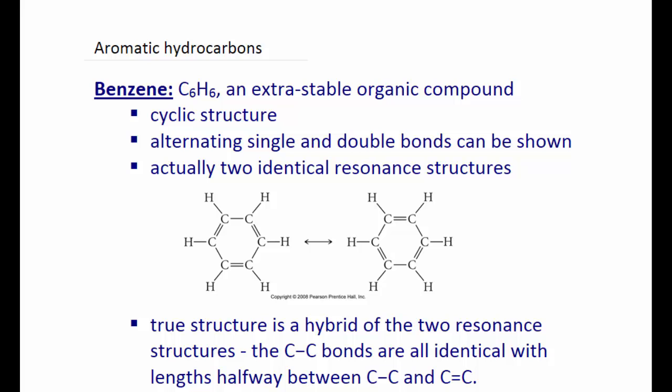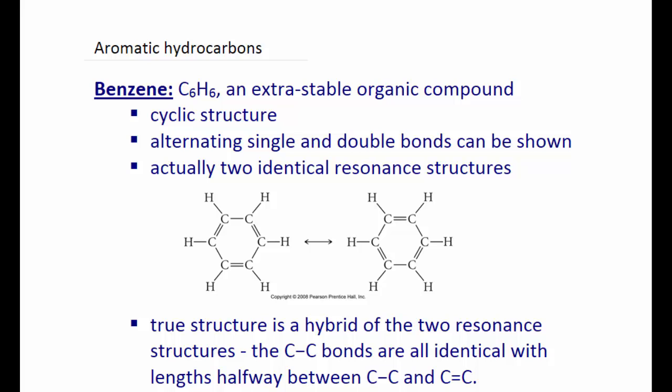But it's not the ring that makes benzene stable. The really interesting thing is that it is alternating single and double bonds through that ring of 6 carbons, and there are 2 identical resonance structures. Okay? So at the end of first semester, we usually have a discussion about how a resonance structure is not like an actual thing.